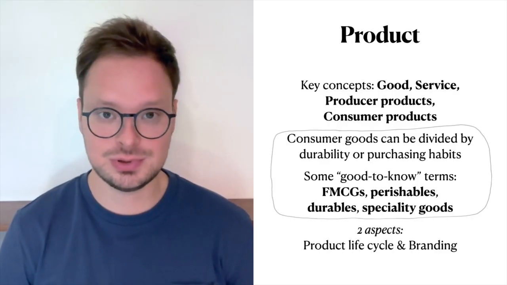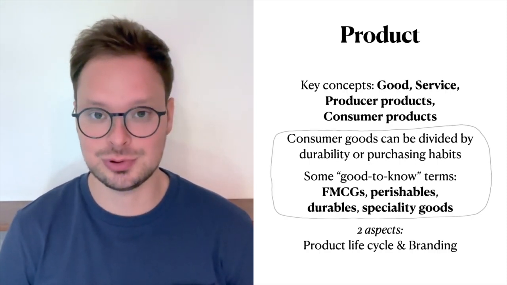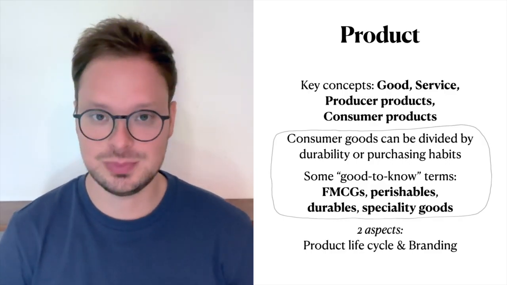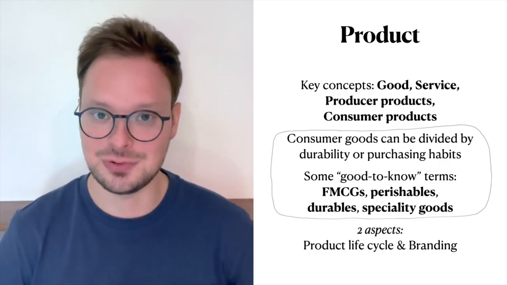As I mentioned in the introduction, and as we learned in Unit 1, products can either be tangible or intangible. Tangible products are goods, and intangible products are services. In addition to tangibility or intangibility, we can divide products based on who they are directed to.